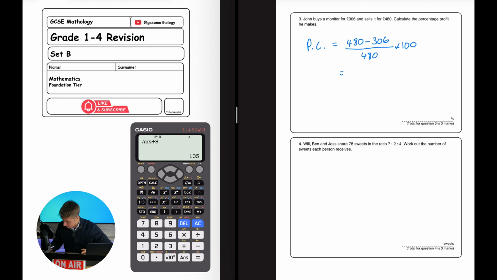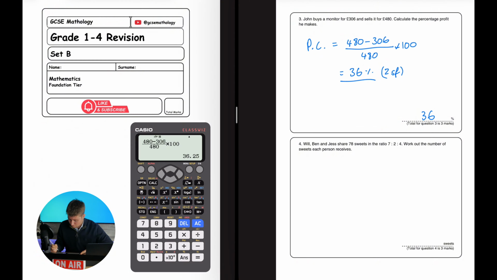If we put this into the calculator, we've got 480 subtract 306 all over 306 multiplied by 100. And this is equal to 57% to two significant figures.